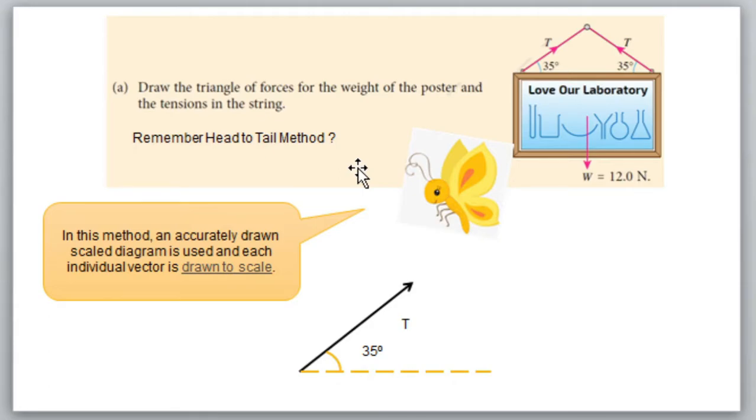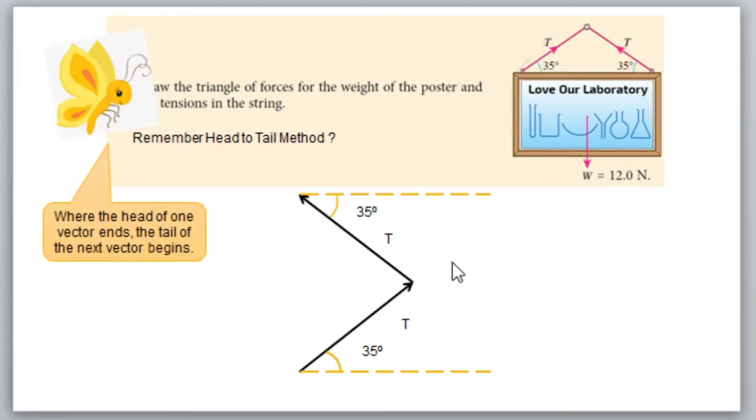So we have the first vector here, which is T, tension of the string, and the angle from the horizontal is 35 degrees. Next, there is another force which is T, also with 35 degrees from the horizontal axis.